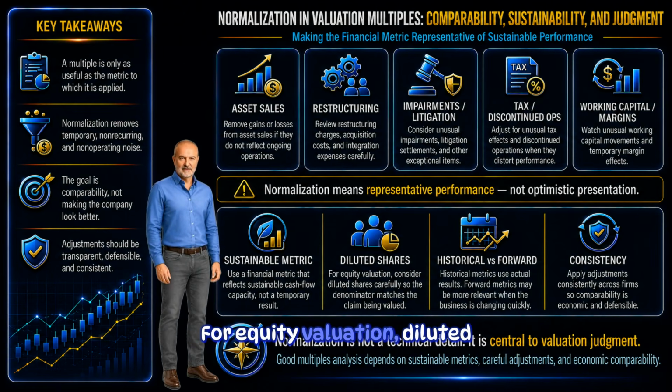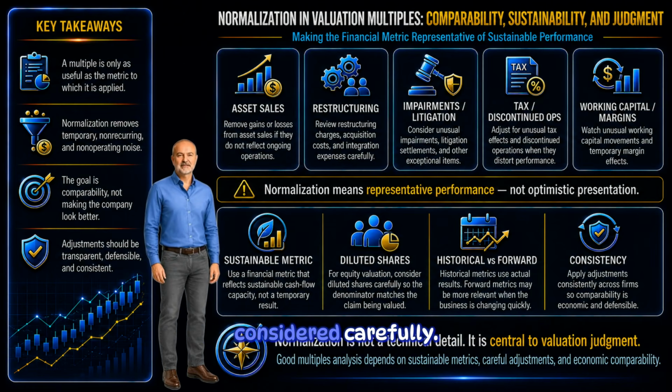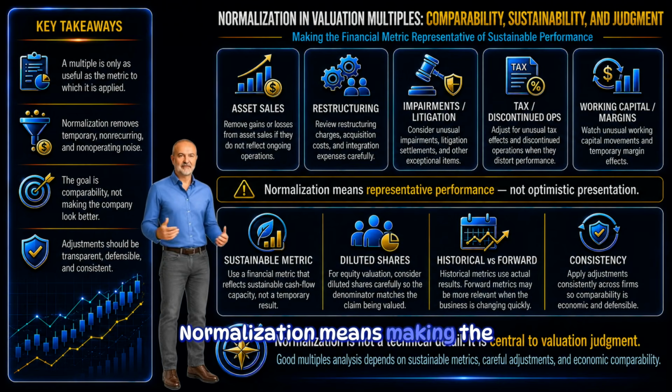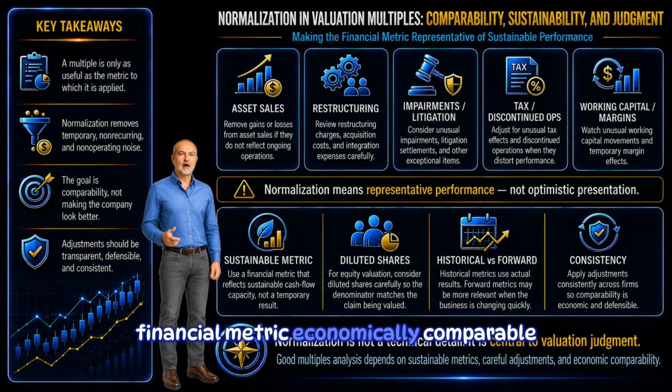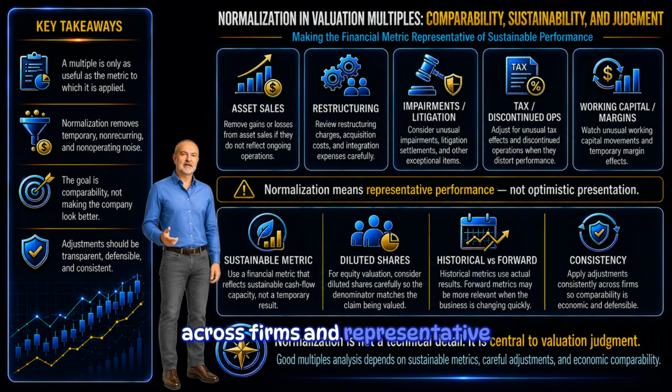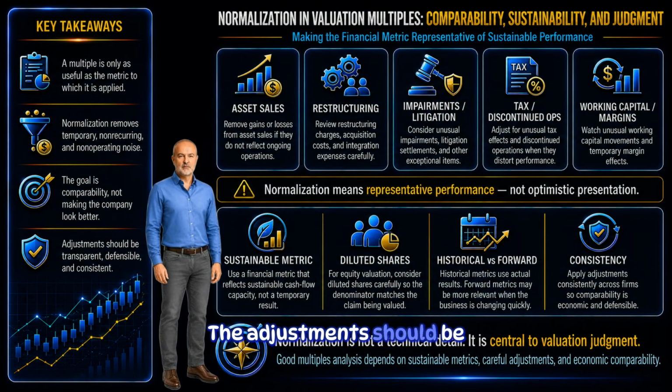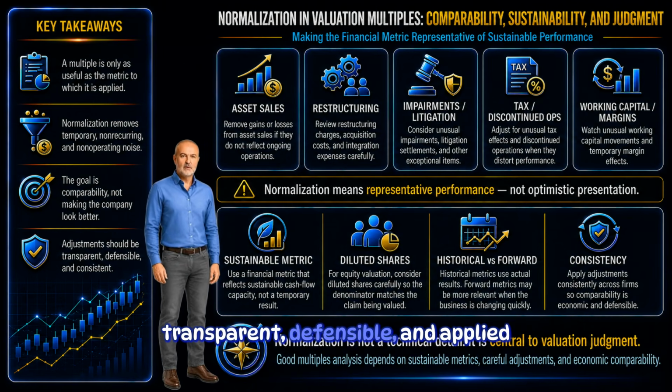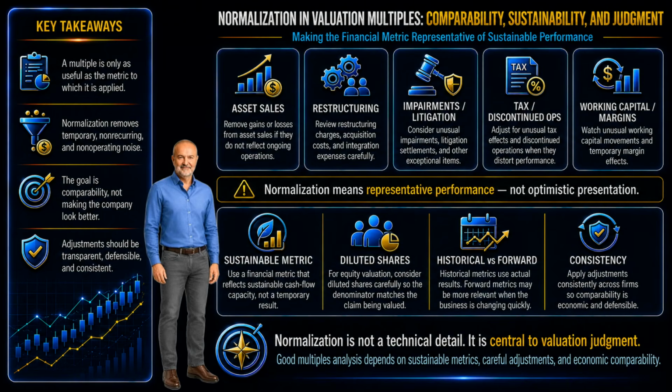For equity valuation, diluted shares should also be considered carefully. Normalization does not mean making the company look better. That is very important. Normalization means making the financial metric economically comparable across firms and representative of the cash flow capacity being valued. The adjustments should be transparent, defensible, and applied consistently.